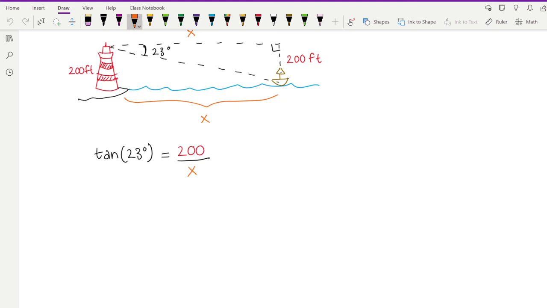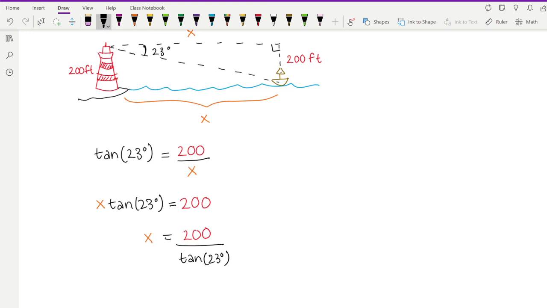So if we start by multiplying both sides by X, we're going to get X times tangent of 23 degrees is equal to 200. And then we have to divide both sides by tangent of 23 to isolate X. So we get X is equal to 200 over tangent of 23 degrees.